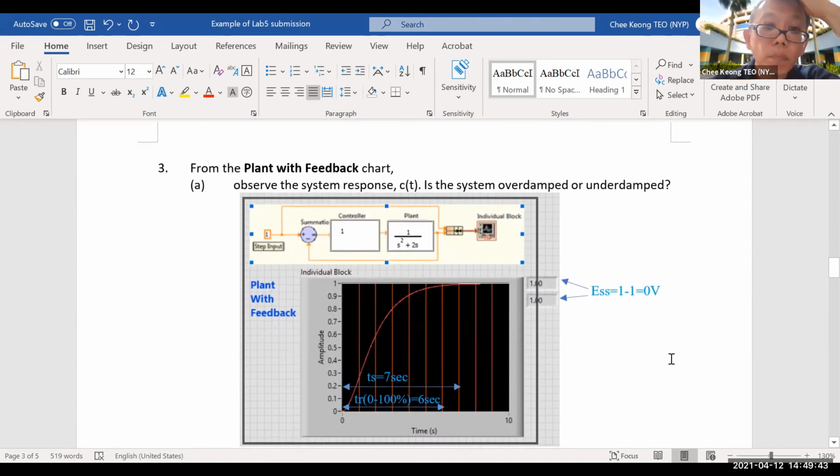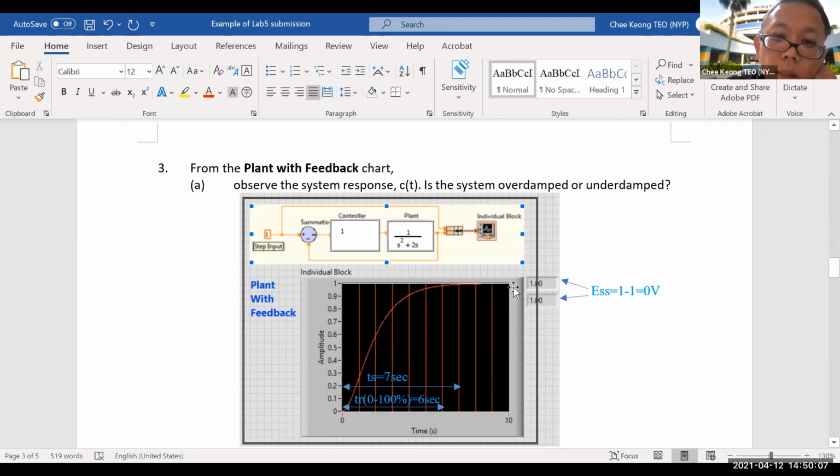Now, with plant with feedback, of course, we also can run the simulation, which is just now the case where I told you to set the controller as 1, 1 and the other 4, 0. When you run it, if you right click here and set to digital display, you would have 2 readings. On top is your input, which settles down at 1 volt.